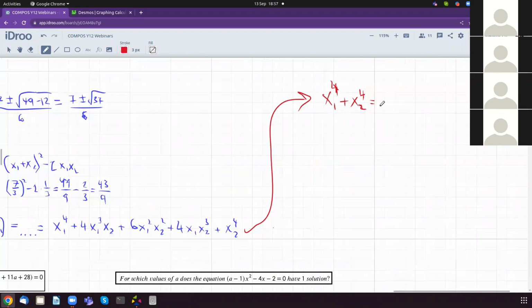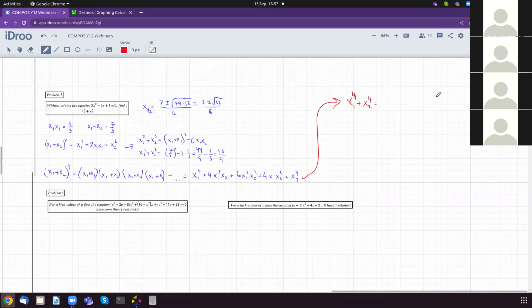It is going to be x1 plus x2 to the power 4, minus this and this and this. So we take these to the other side.